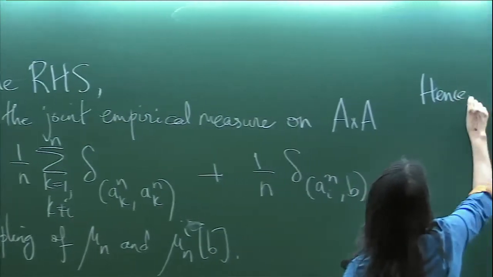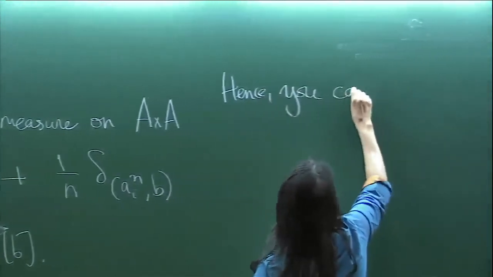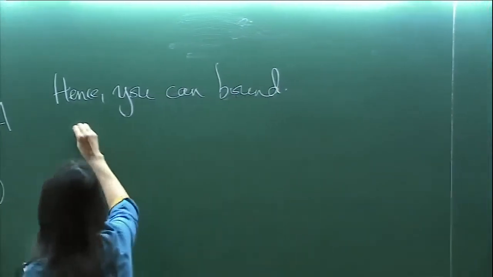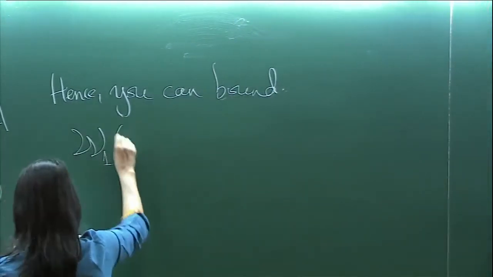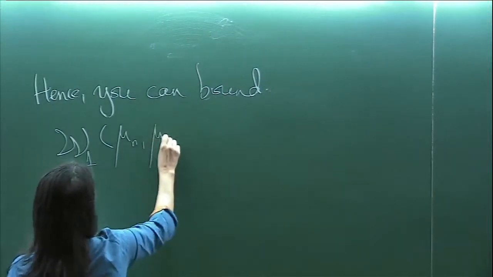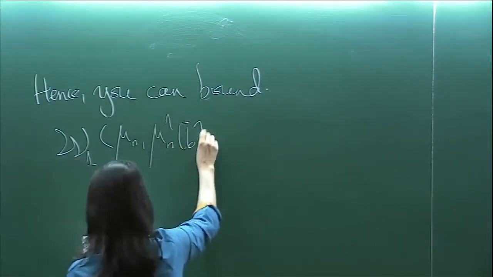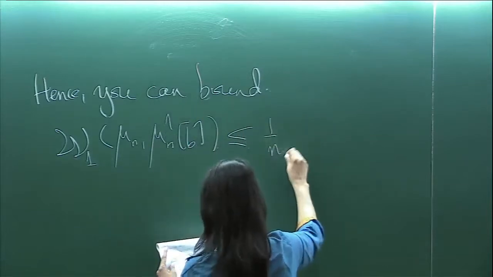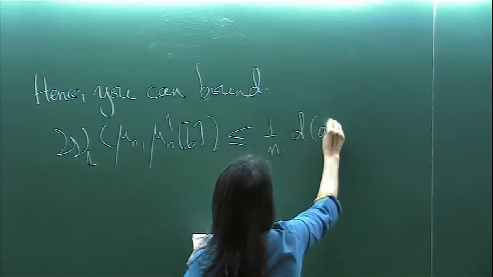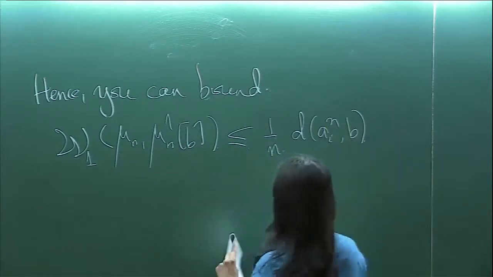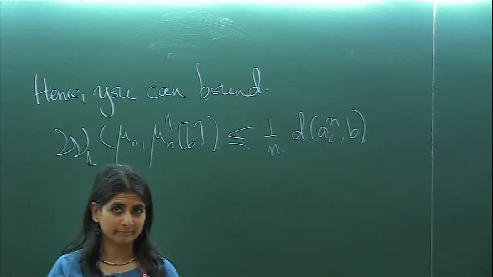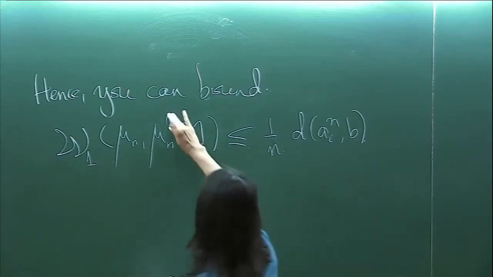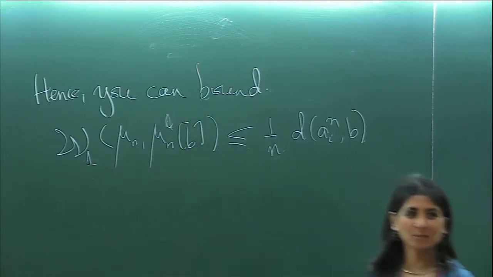Hence you can bound the Wasserstein 1 distance by something less than 1 over n. Yes, sorry. Thank you.